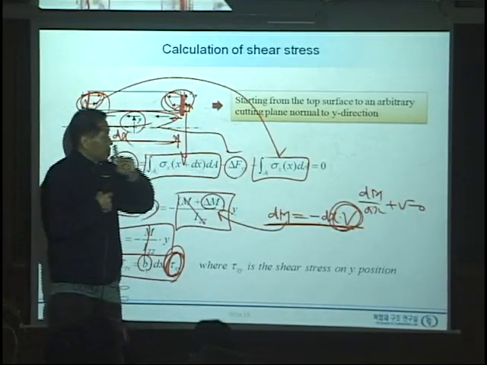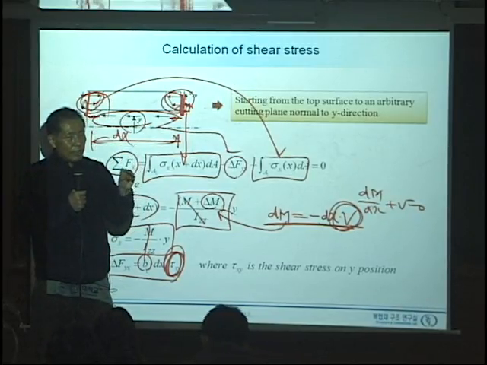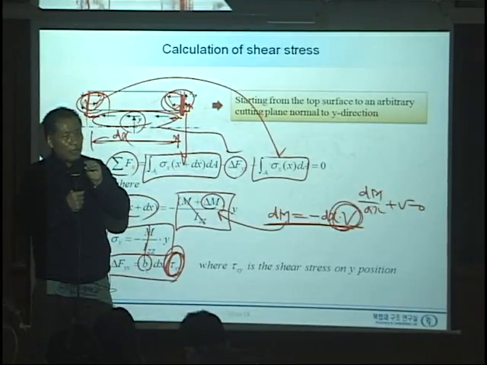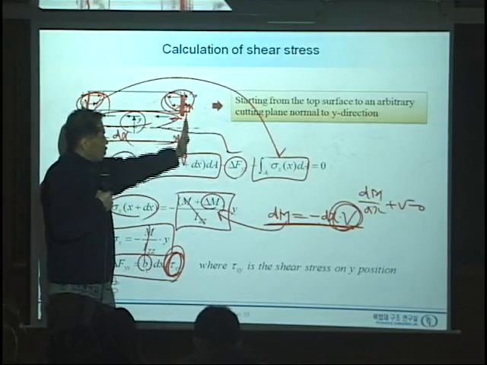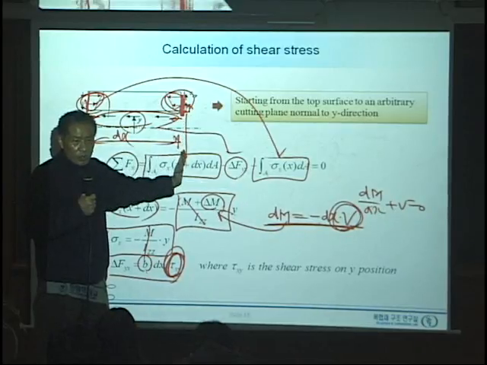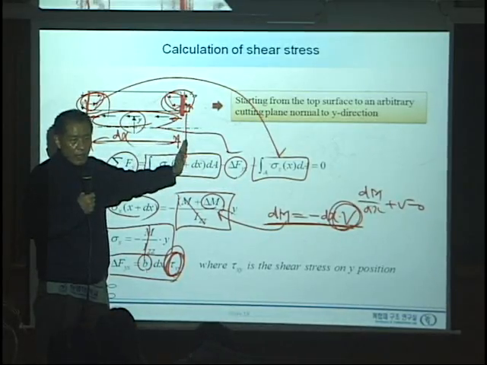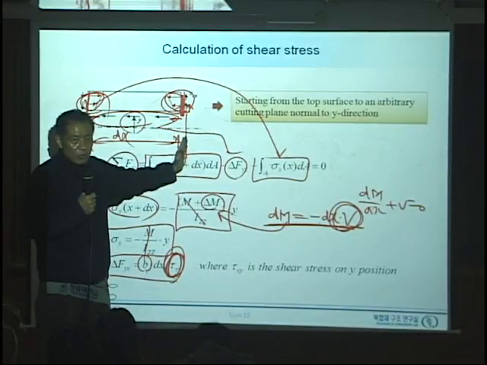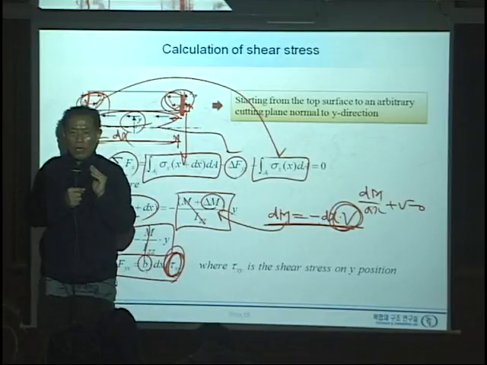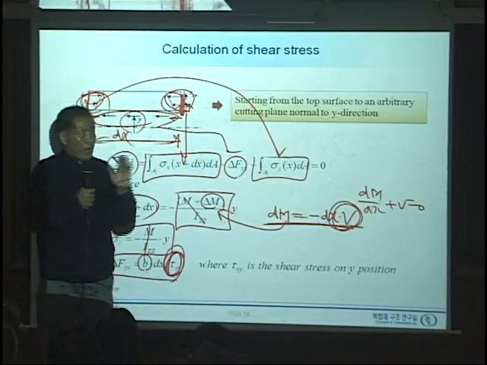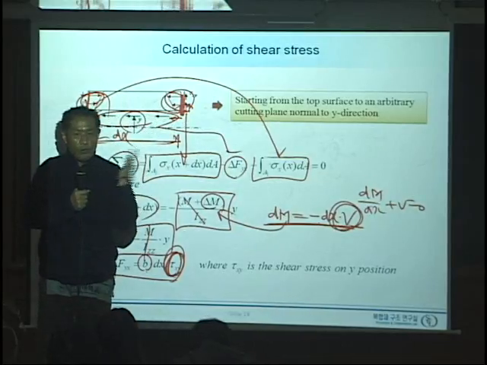See, again, each concept is logically connected. There is a shear force distribution, which will distribute the shear stress. What kind of shear stress distribution? Because of this shear force, there is a moment increment, and the moment increment will cause the x-directional force.